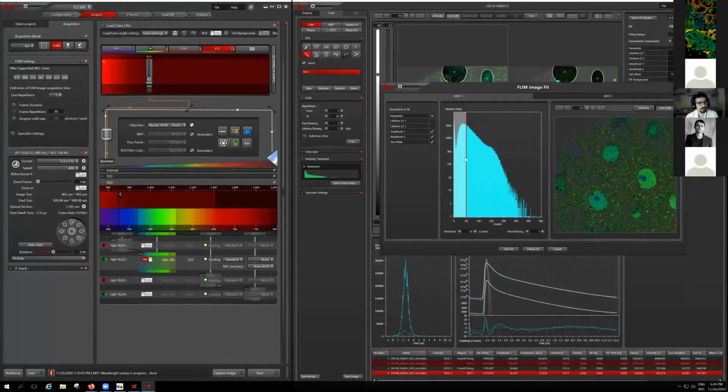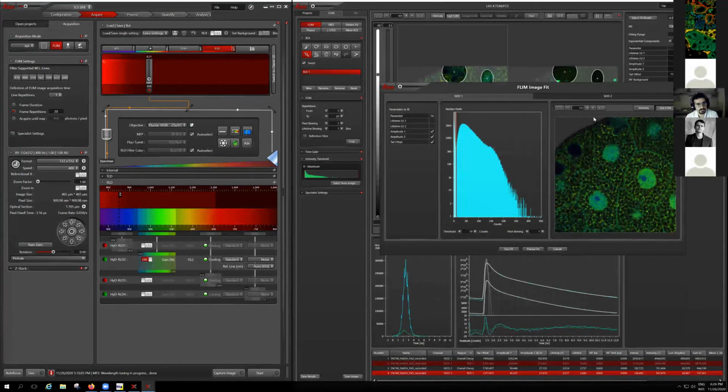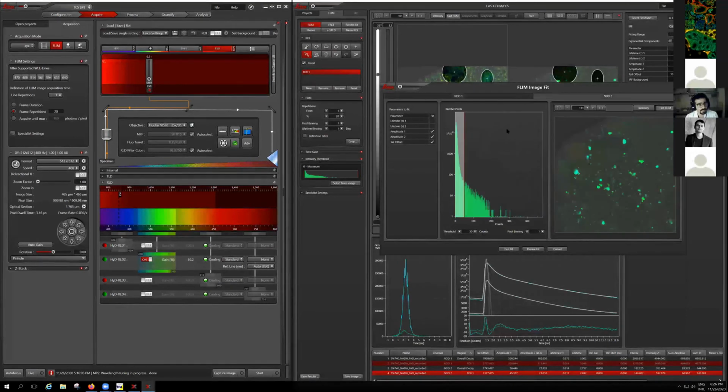Anyhow, for this case, I'm just going to define this area as background, including everything else for the NADH. So the background would be something like here, something like 5, 6. I would say that the rest is background. And fitting everything.